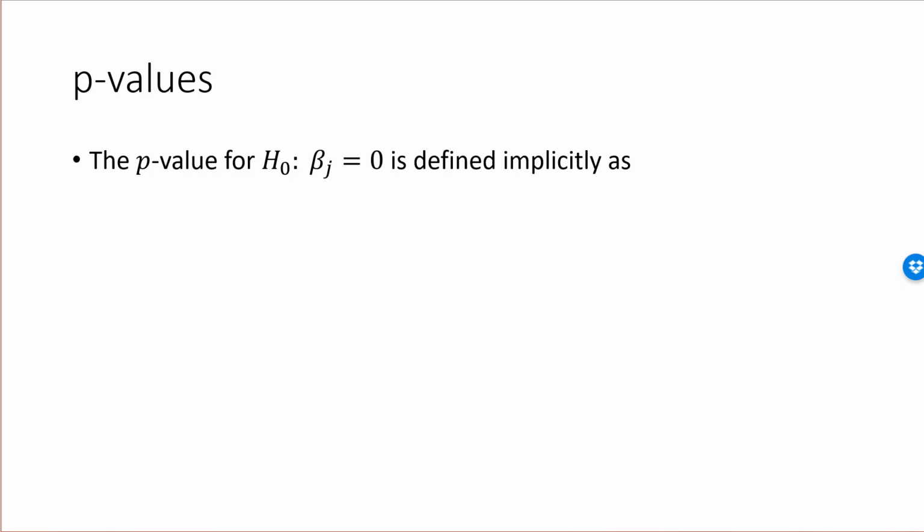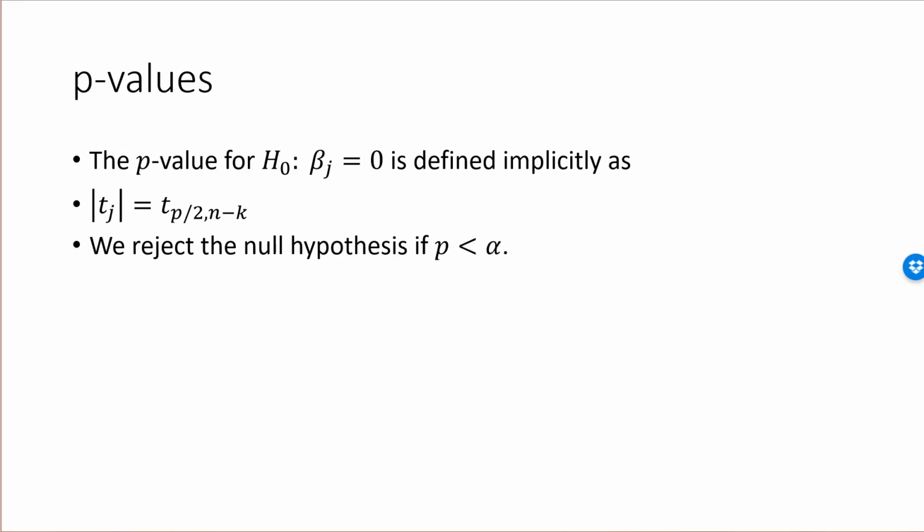That is, it's the level of significance that makes your t-value exactly equal to the critical value for that particular level of significance. Remember, the t-value is calculated from the data, and that means that I can always search for a value p here, which makes this equality hold.